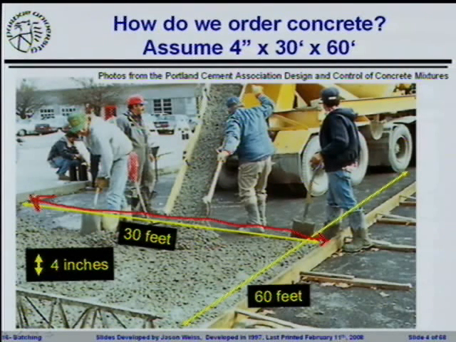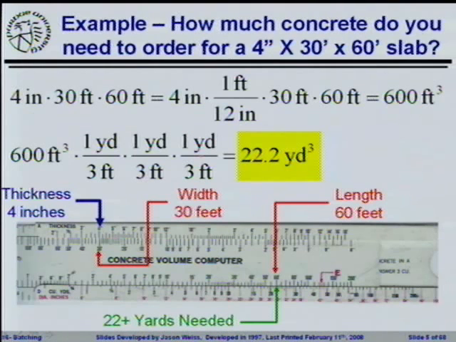You could form a differential equation to figure out the volume of this rectangle, and you would do a calculation that would look something like this. You would take your volume, convert it over to yards, and come up with something around 22 cubic yards. So with the information that I just gave you, you would say 22 cubic yards is more than we can fit on a truck, and we'll talk about that in a couple seconds. So there are going to have to be multiple trucks coming out to the job site.